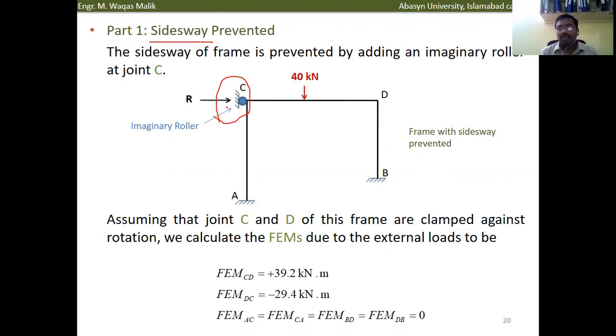After providing this roller support, we are going to find the values of the fixed end moments by using the fixed end moment tables. The value for C to D comes out to be plus 39.2 using the formula PAB squared by L squared, and for DC it comes out to be minus 29.4 using the formula PB squared A by L squared. For members A to C and B to D, no external load is applied, so all values will be equal to 0.